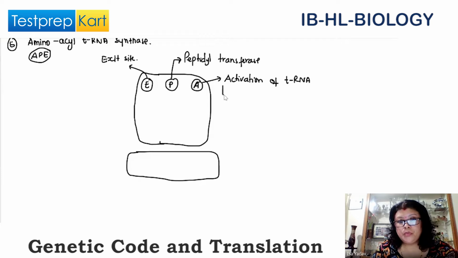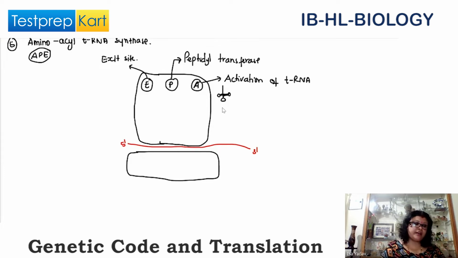Now, what happens? The tRNA comes with its anticodon. Now, here we have the mRNA. Suppose we are reading the first amino acid. What was the first amino acid, the initiation codon?